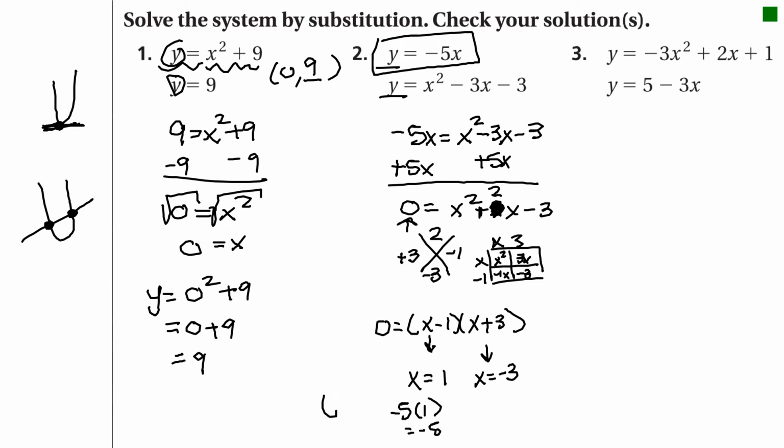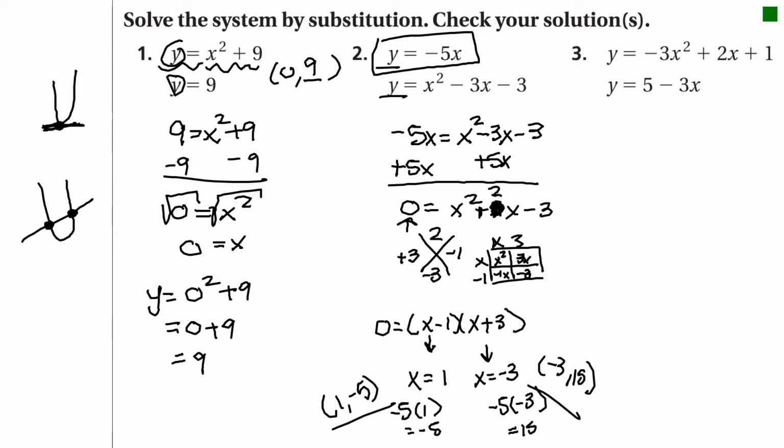So one ordered pair is 1 comma negative 5. All right, now I'm going to plug this x in too. And then negative 5 times negative 3 is 15. And our second ordered pair is negative 3 comma 15. And we did it. This crosses twice, found 2 points.